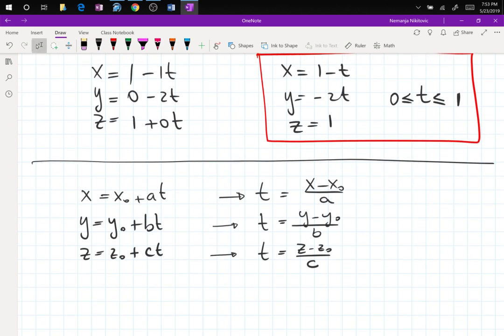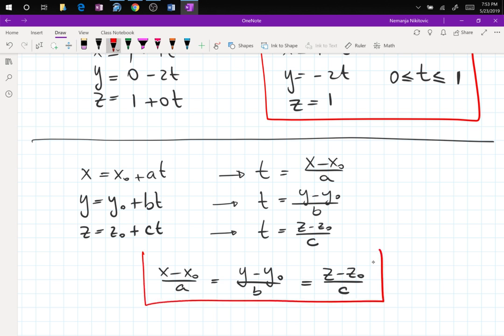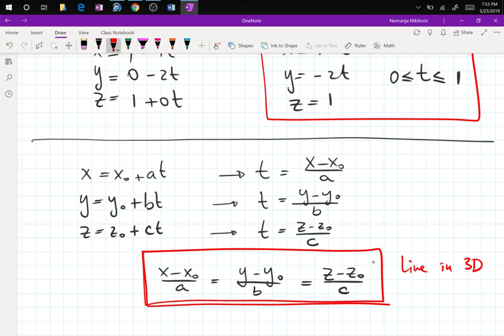And now when you set all t's equal to each other, you get x minus x0 over a equals y minus y0 over b equals z minus z0 over c. And that's also a form of line in 3D. So that will be the third equation.